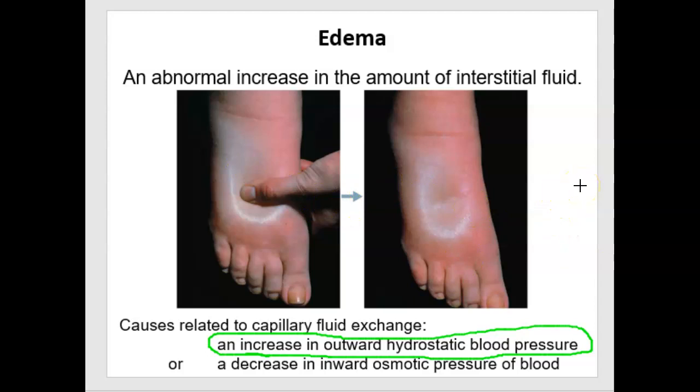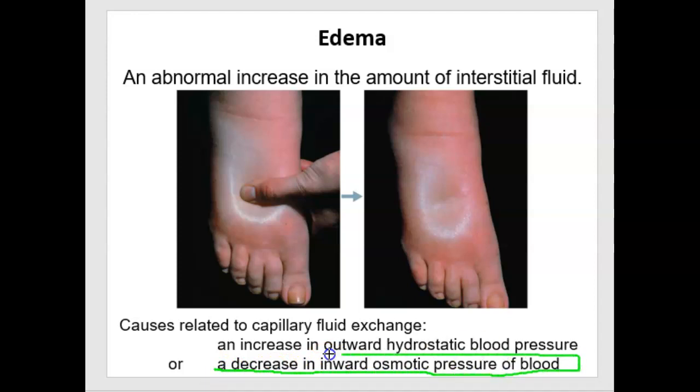We call it pitting edema because if you press on the skin and then you remove your thumb or finger, a pit will remain for a certain period of time versus go away rather quickly. Now we're going to see that this kind of edema can also happen not in hypertension, but in malnutrition. And that cause of edema is a decreased osmotic pressure of the blood. And we'll come back to that a little bit later.